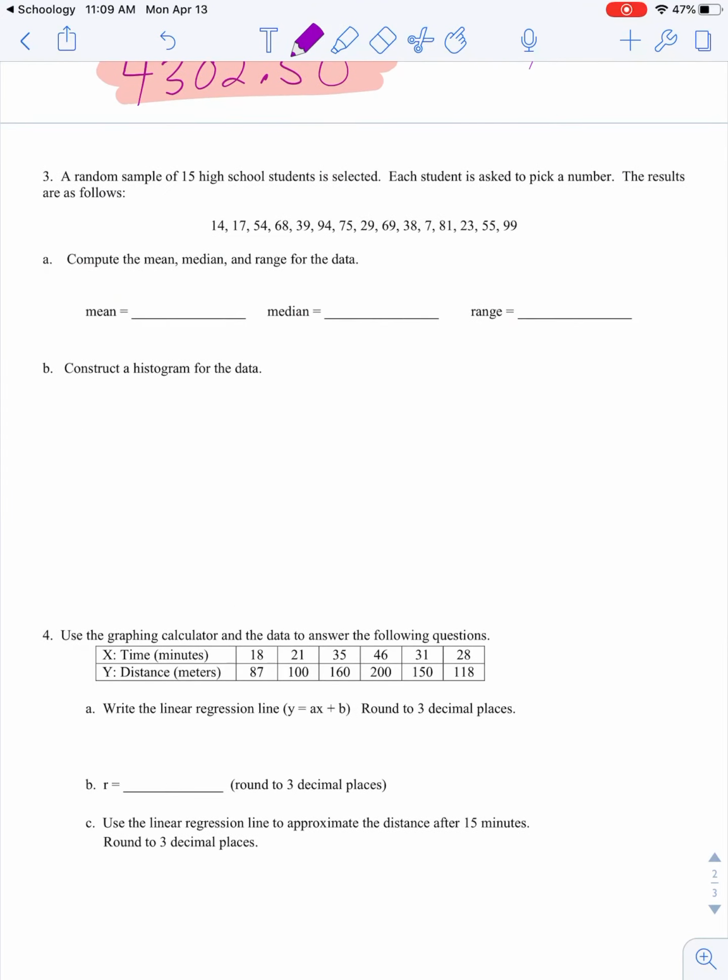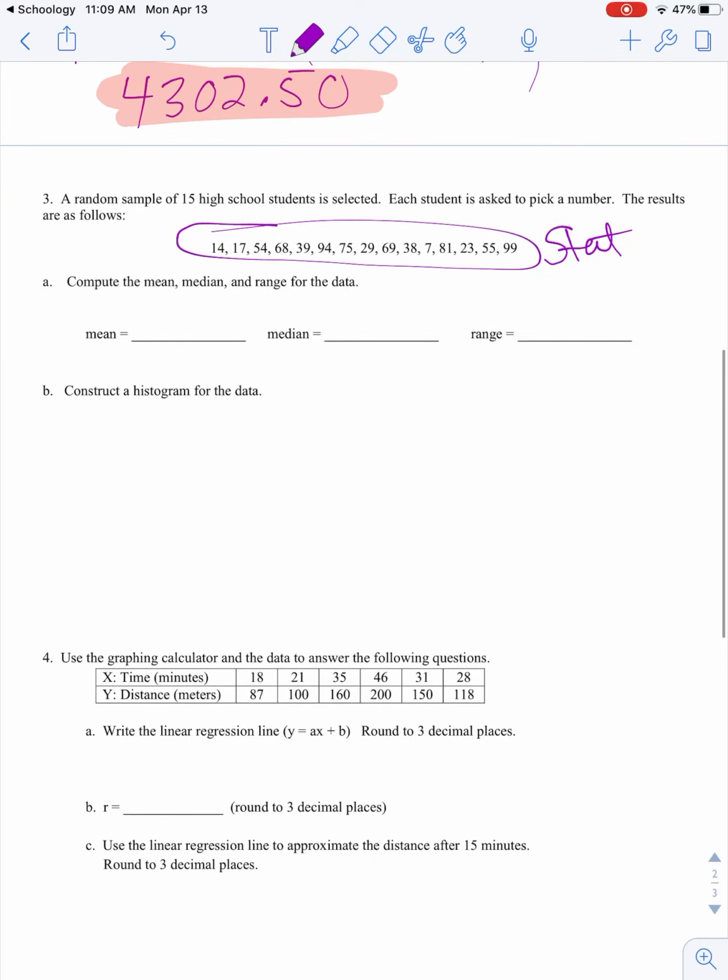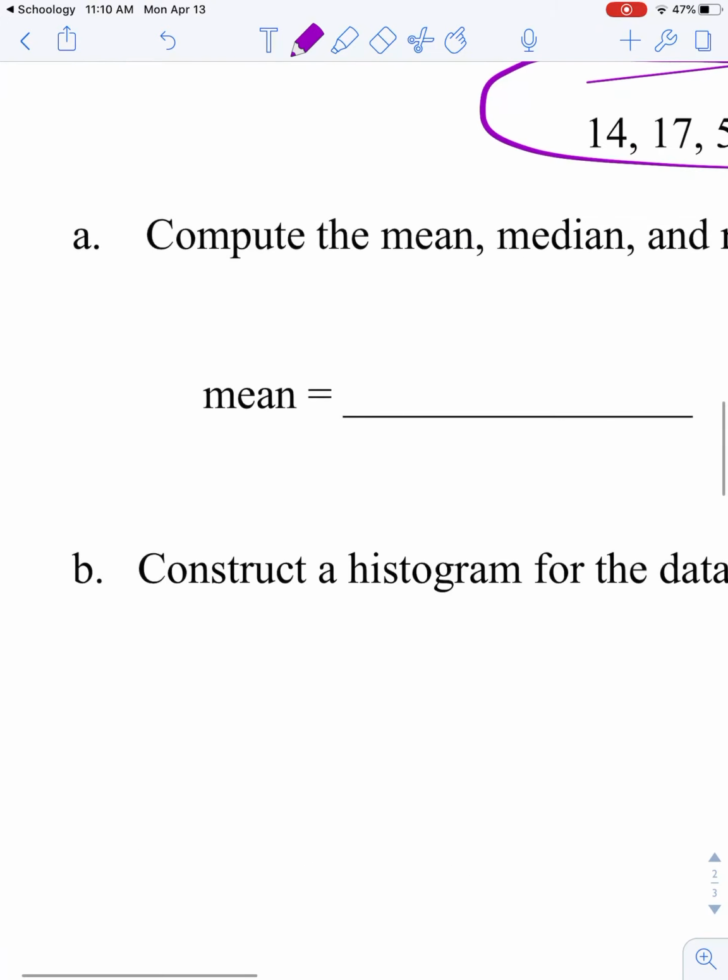Okay, just a reminder, so stats should be pretty fresh in your mind at this point. Remember, you plug all these numbers into L1, and then you're going to go to stat and go over to calculate. And then you're doing the one variable statistics. And remember what the mean looks like.